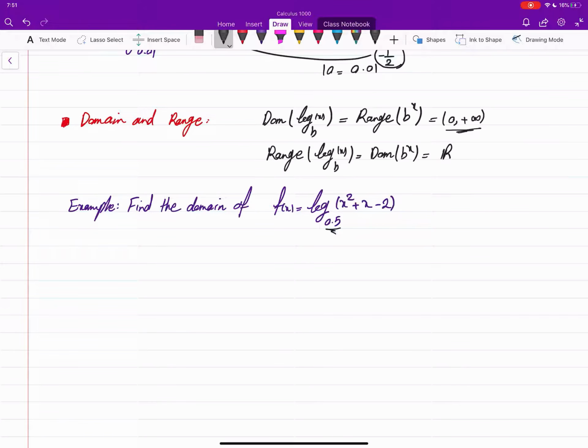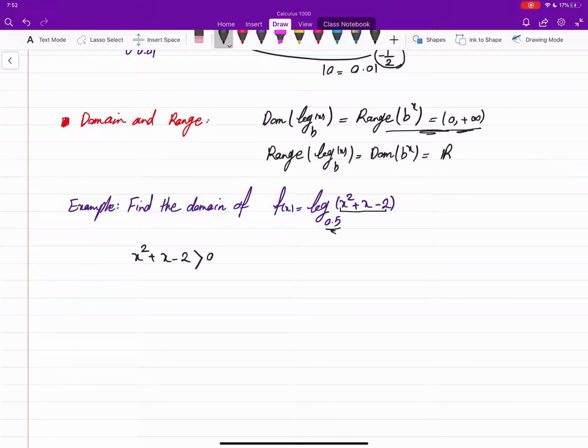And as we just mentioned, the values that we can put as input for log must be positive. So in this case, x squared plus x minus 2 needs to be bigger than 0, not bigger than or equal to, just bigger than 0.